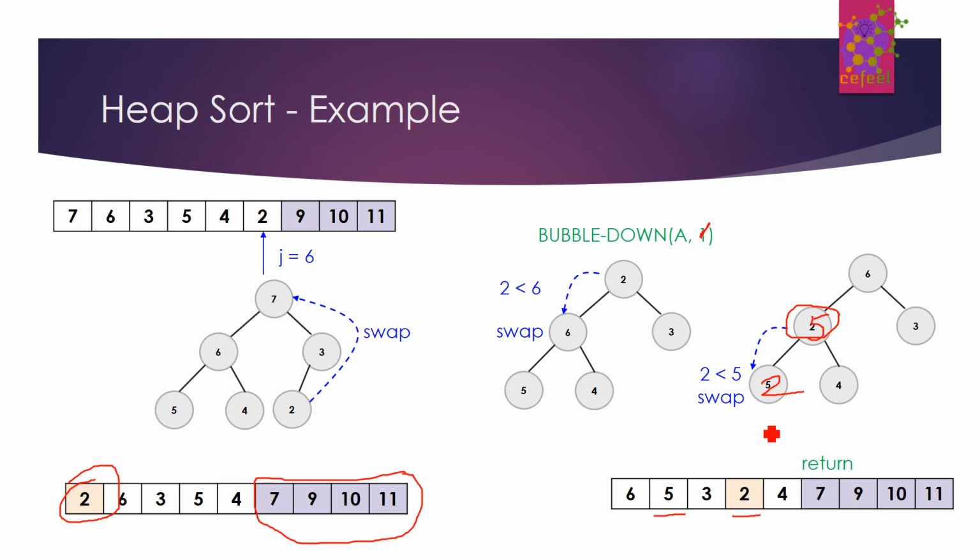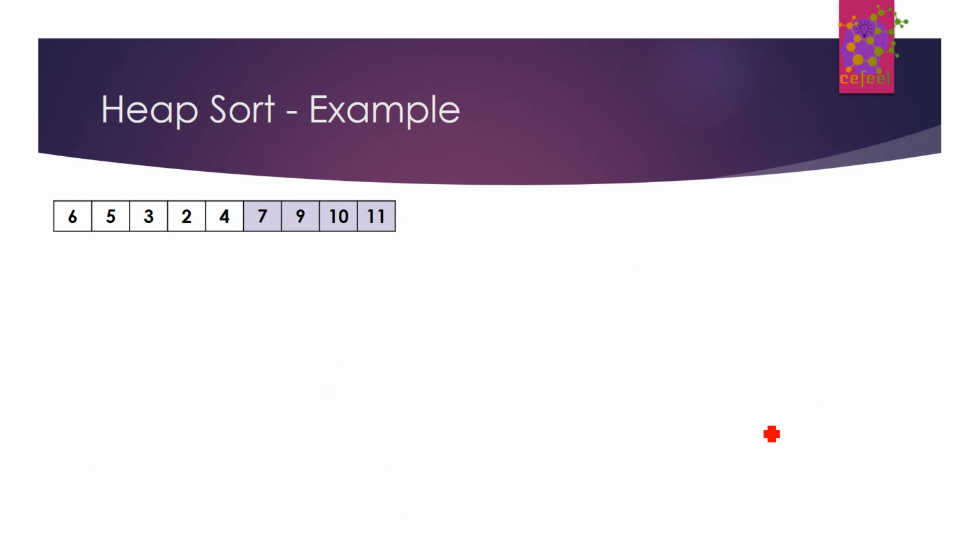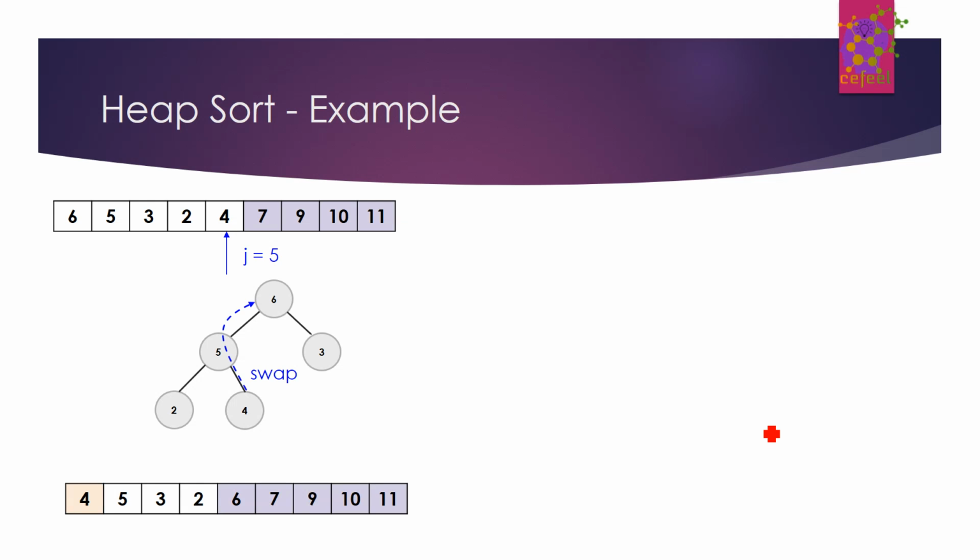The next step is again j decremented by 1 more, which is 5, and we will have the maximum element as 6, which is the root. So the first step is to swap the maximum element with aj, so 6 and 4 are swapped. So 6 will come to the end of the sorted array, and now we will have 5 elements sorted.